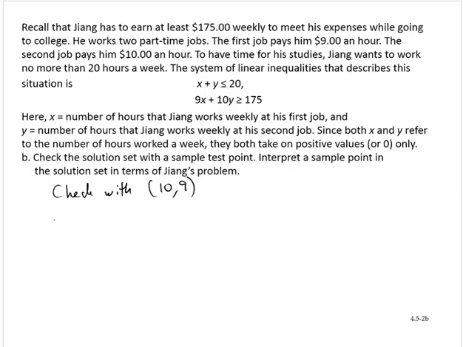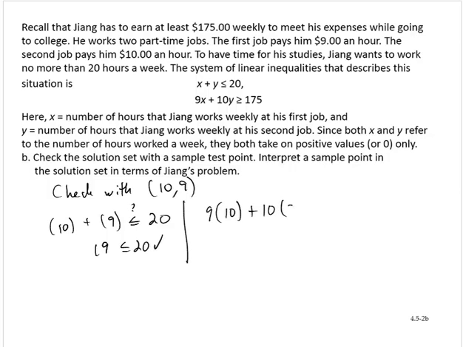In the first inequality, 10 + 9, is this less than or equal to 20? Well, that gives us 19 ≤ 20. That's a true statement, so that works. And in the second inequality, 9 times 10 + 10 times 9, is that greater than or equal to 175?